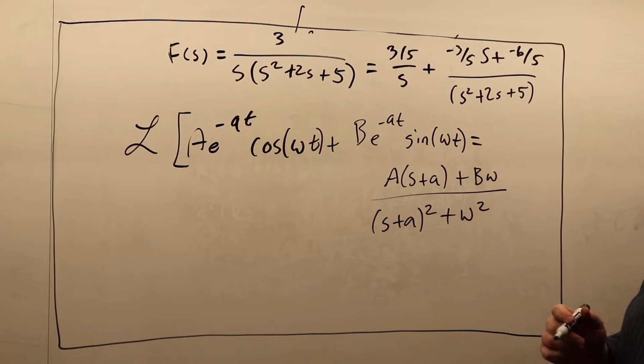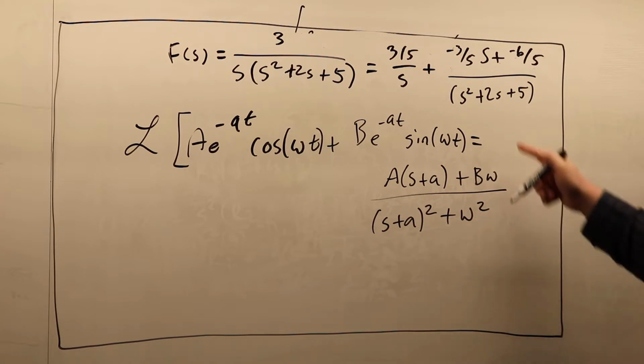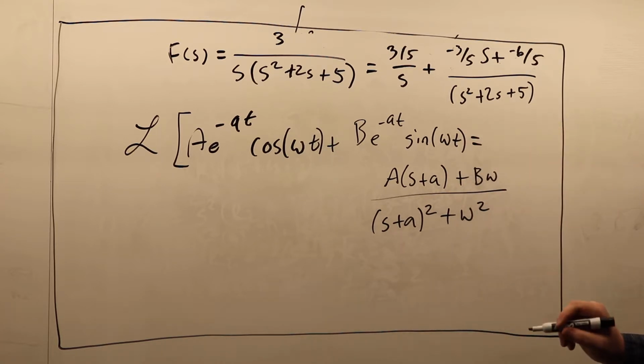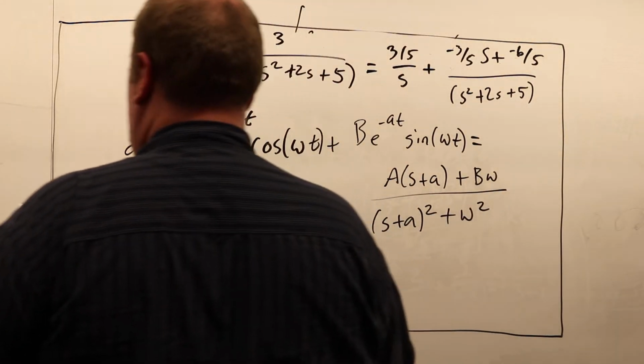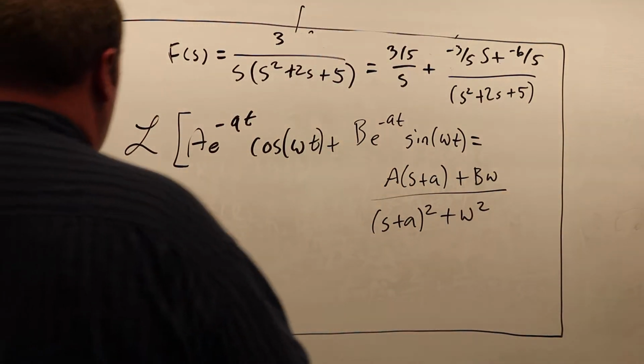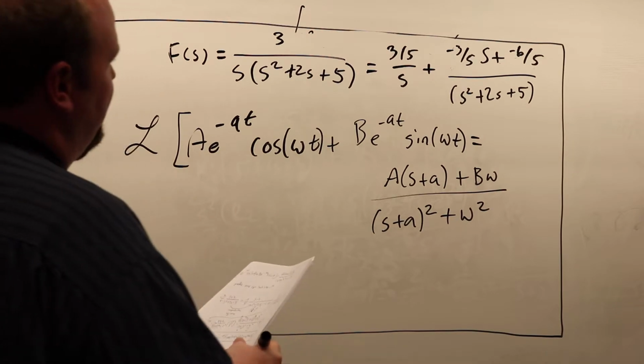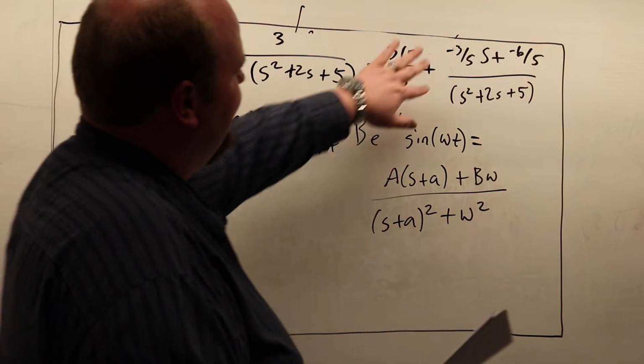All right, welcome back. So now we are going to complete the square here. First thing we're going to do is I'm just going to clean this up a little bit.